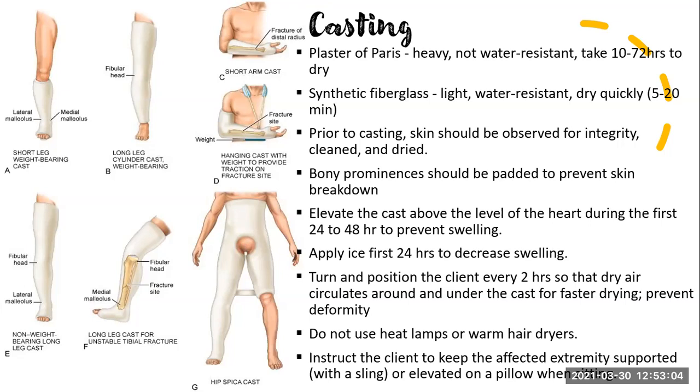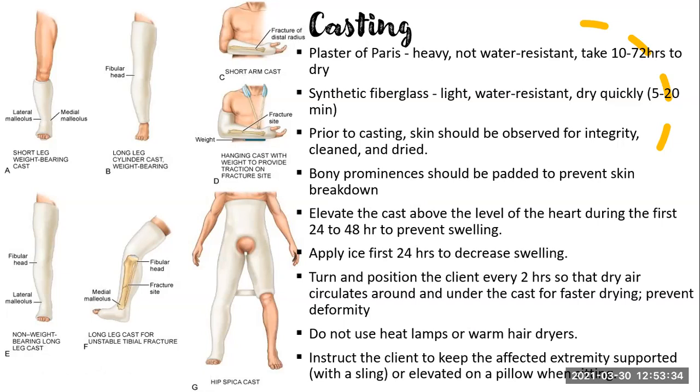Okay, so a plaster can take up to 3 days to dry versus synthetic, which can be dry within 30 minutes. Obviously, skin needs to be assessed. We need to maintain skin integrity. It should be clean and dry prior to applying anything. Bony prominences need to be padded and protected to prevent breakdown.